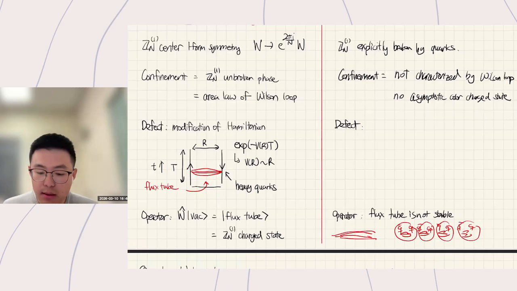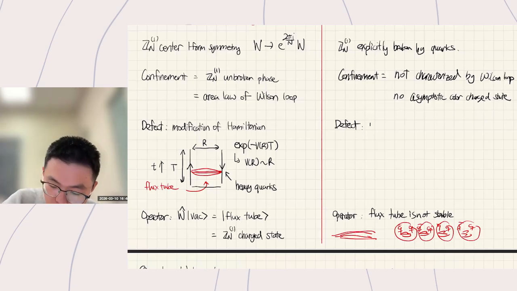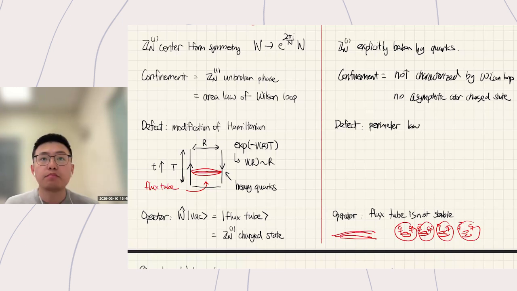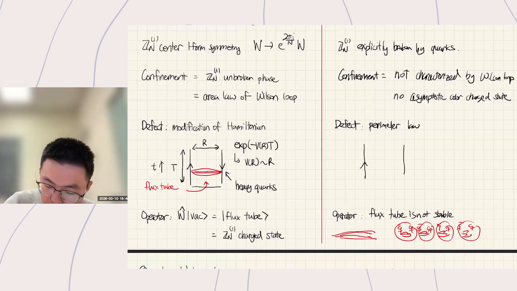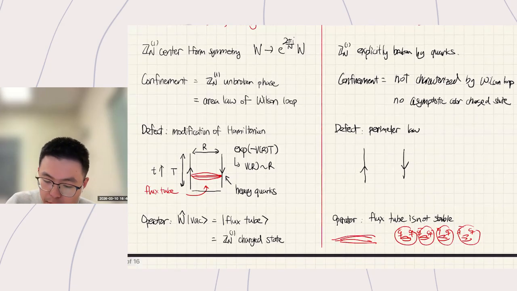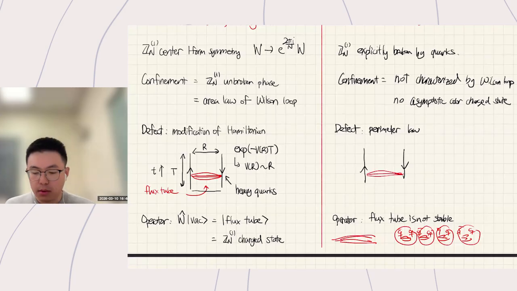And this has a consequence that the potential between two probe quarks is actually finite now. In particular, that means the Wilson loop actually obeys a perimeter law. So say we again put in two probe quarks. Naturally, one may think that there's some flux tube that stretches between them.